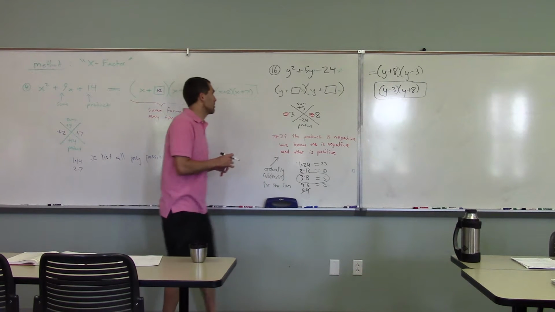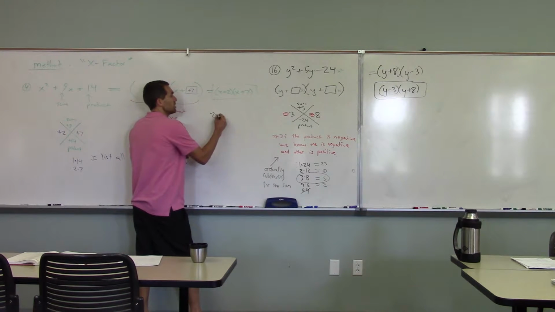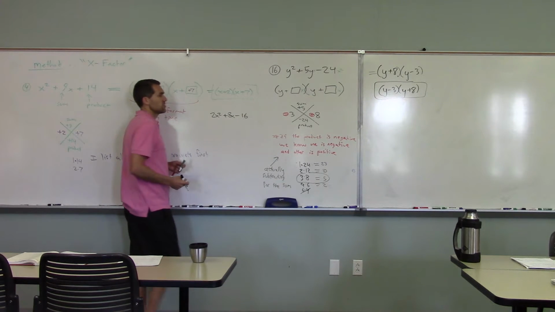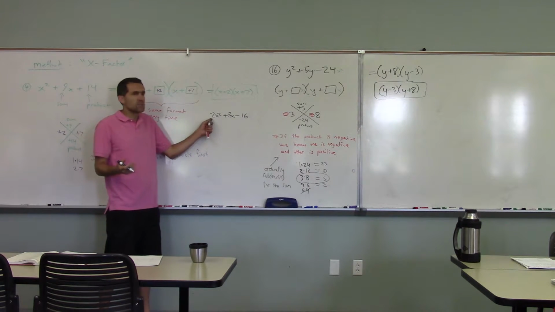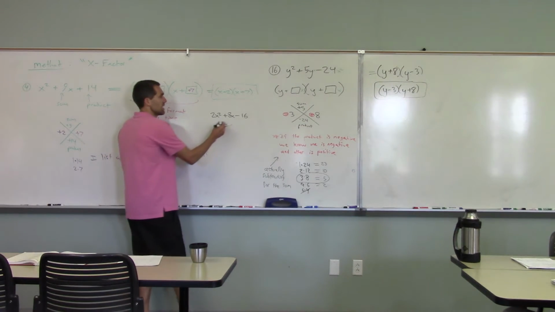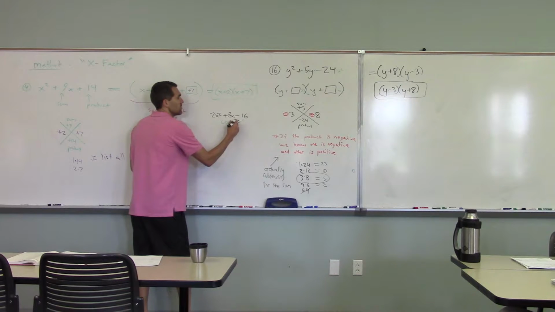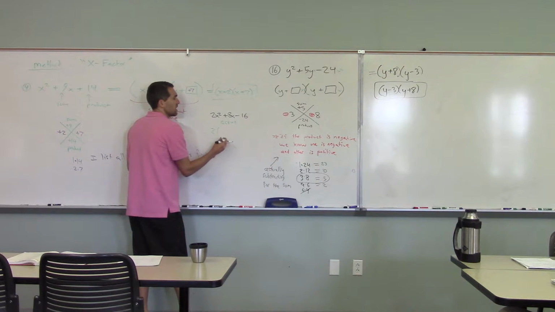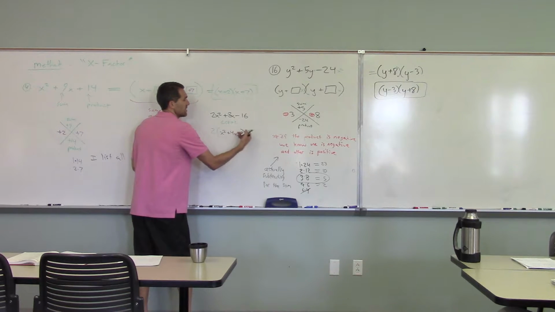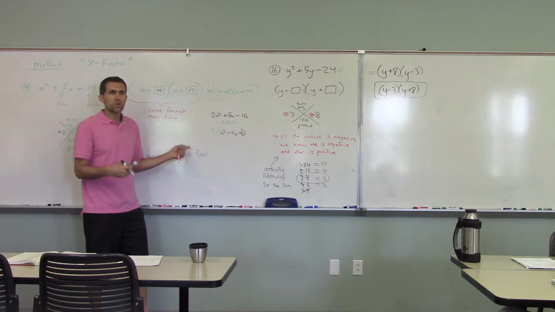Like, for example, they can say, oh, factor 2x squared plus 8x minus 16, and you just say, well, I can't, because I don't have a 1 there. So first, you would take out a GCF of 2, and you would say this is 2 times x squared plus 4x minus 8. And I'm not trying to get ahead of ourselves, we'll go over problems like this.